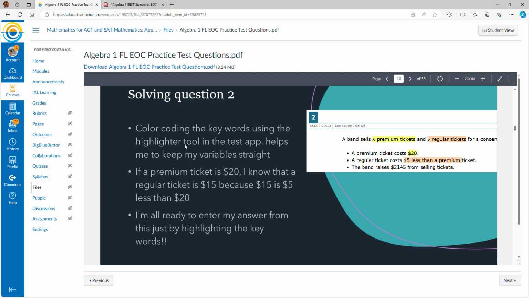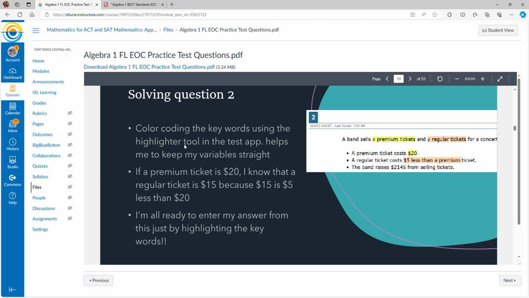And for me, again, my first step on this is to use the highlight feature on my keywords. And since there are 2 variables given in that first sentence, I'm color coding the information for each variable. It says to select coefficients for each variable.